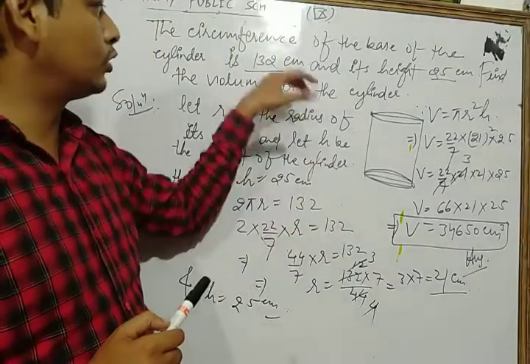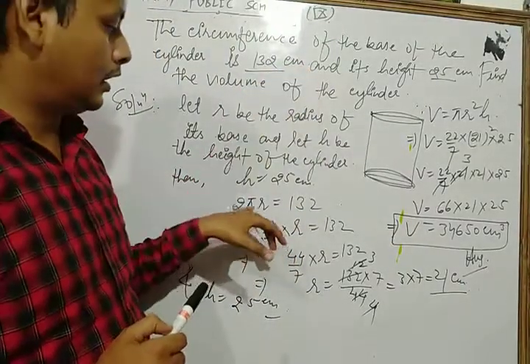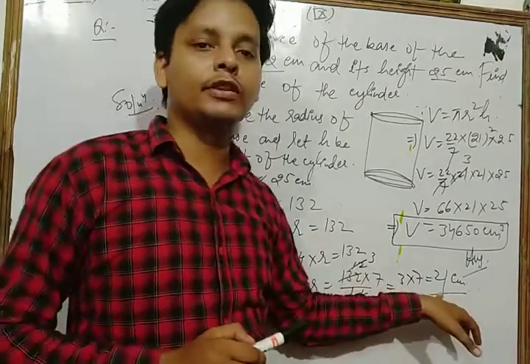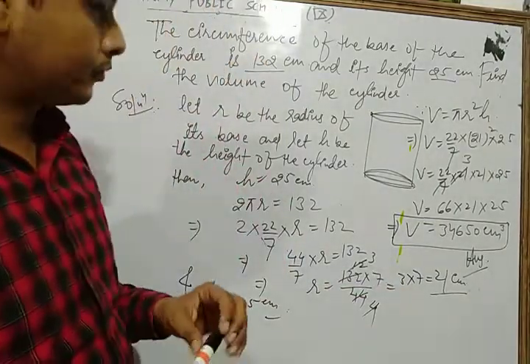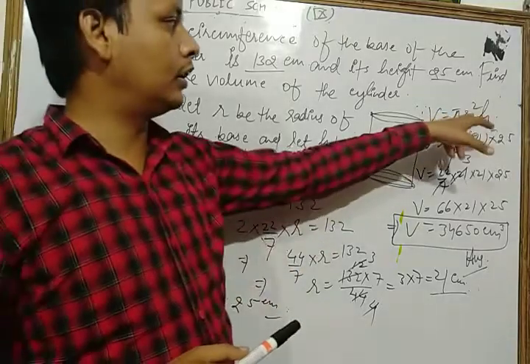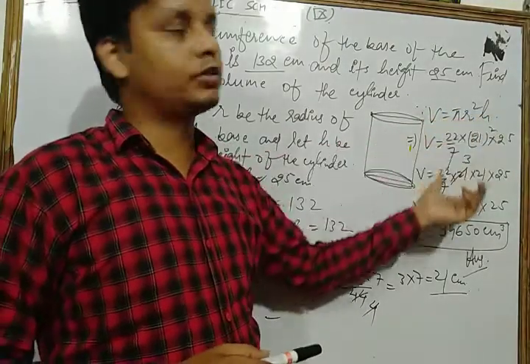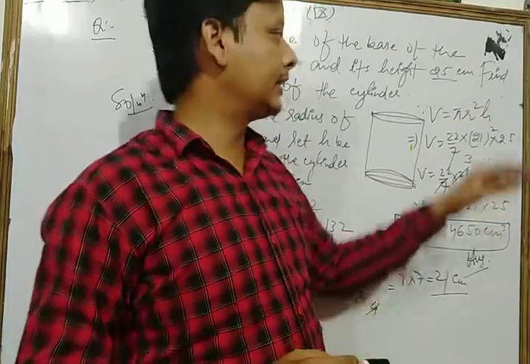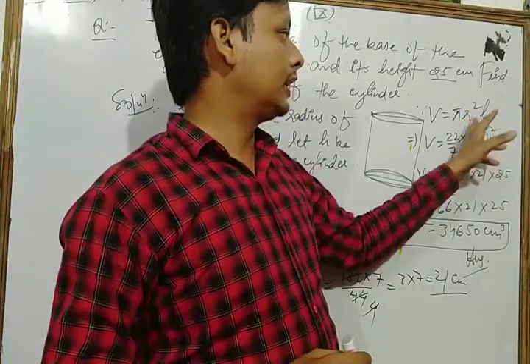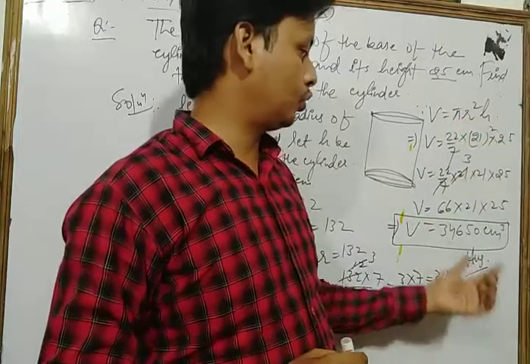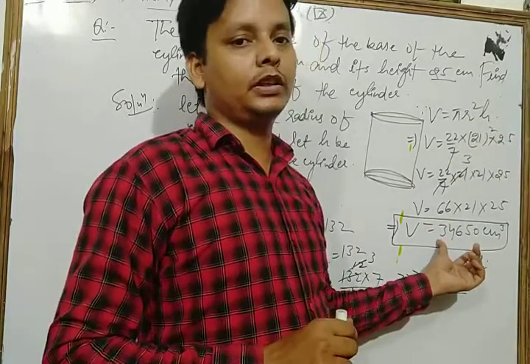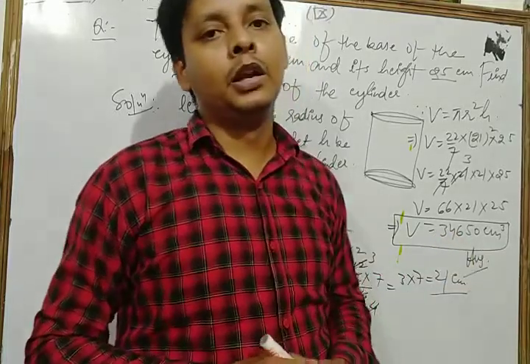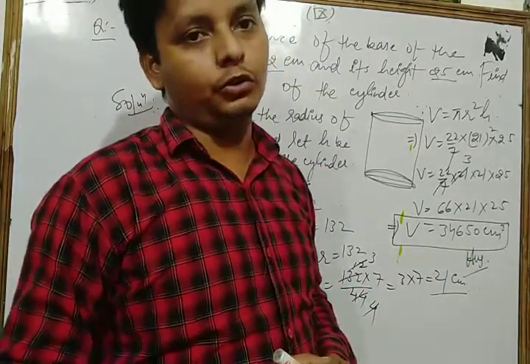So 2 pi r is equal to 132. After solving that, the value of r is 21 centimeter. Now we have the values of r and h. In this way, we apply the formula for the volume of the cylinder, pi r square h, putting all the values in this equation. So we get the volume of the cylinder, that is 34,650 centimeter cube.